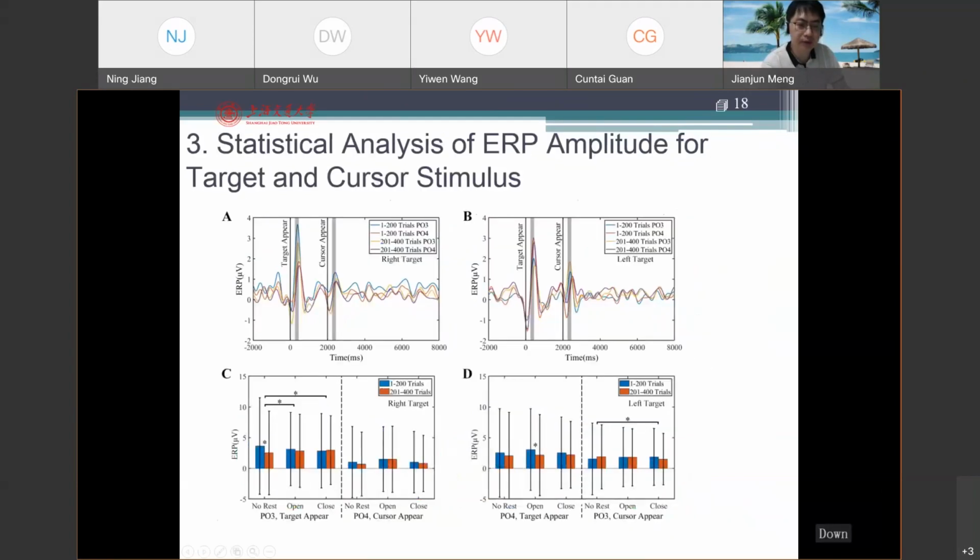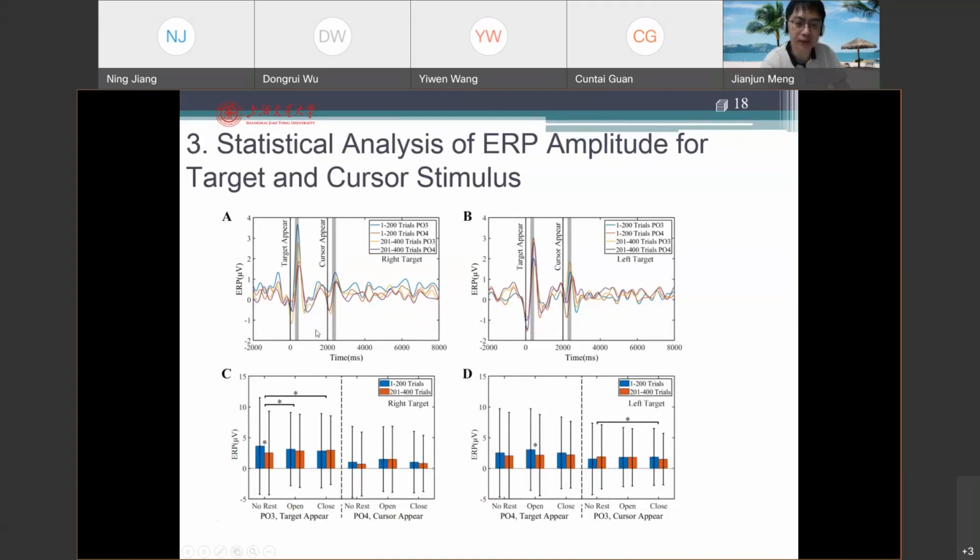So based on the decreasing trend observation, we statistically compared the ERP amplitude between prior to and post the resting state period. The average ERP amplitude for the later 200 trials was weaker than the first 200 trials.